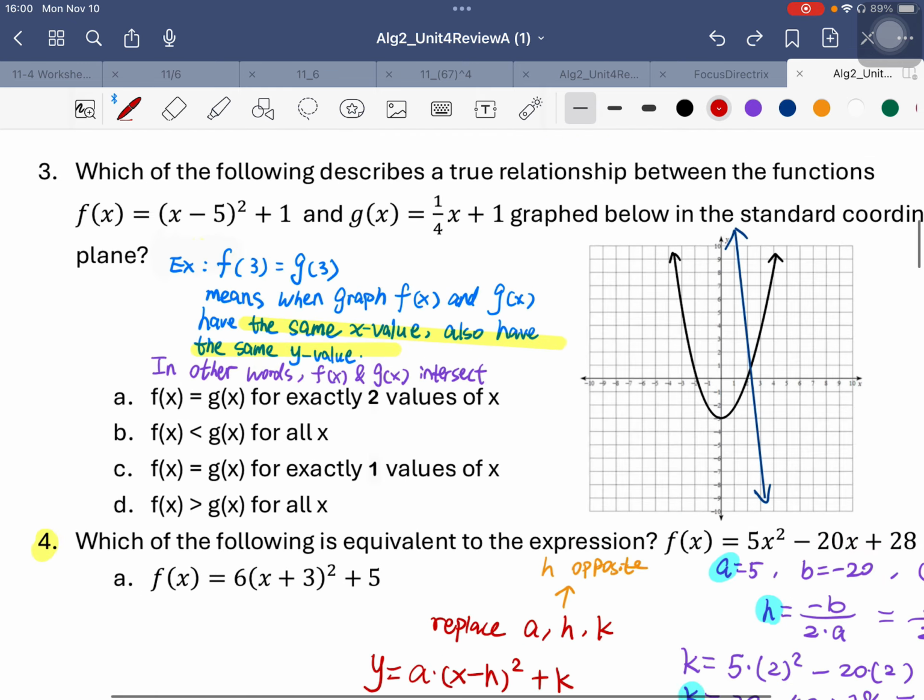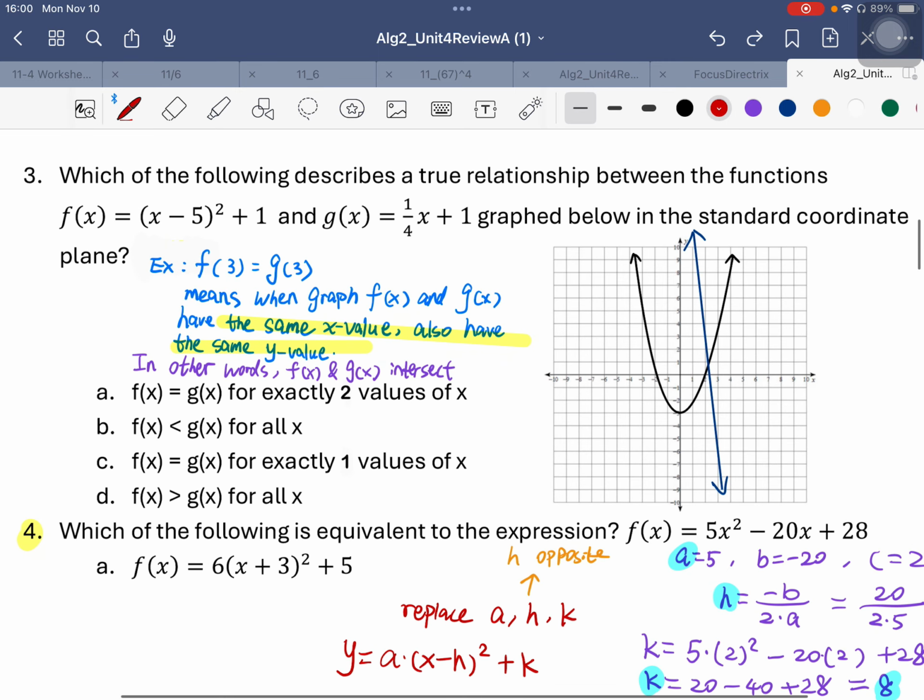Question 3. Which of the following describes a true relationship between the functions? For this question, the answer choices are asking about the y values for the same x value.